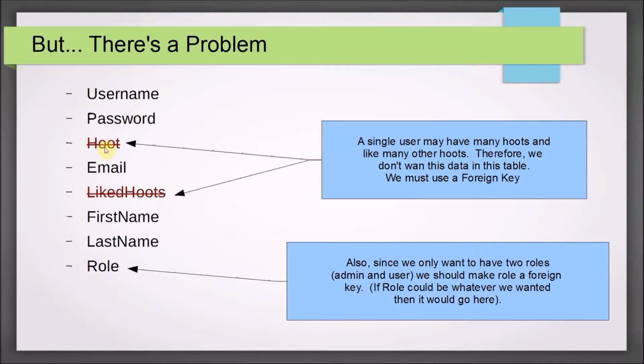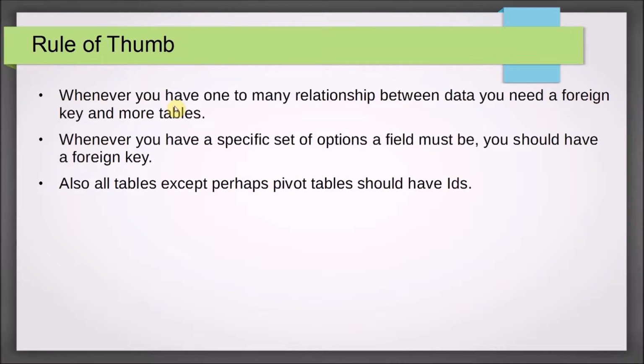And likewise with hoot and liked hoots, since it's a one to many, one user will have many of these, then we're going to have another table, and we're going to have a foreign key for that. So again, whenever you have one to many relationships between data, you need a foreign key and more tables. Whenever a field must be a specific set of options, you should have a foreign key for that.